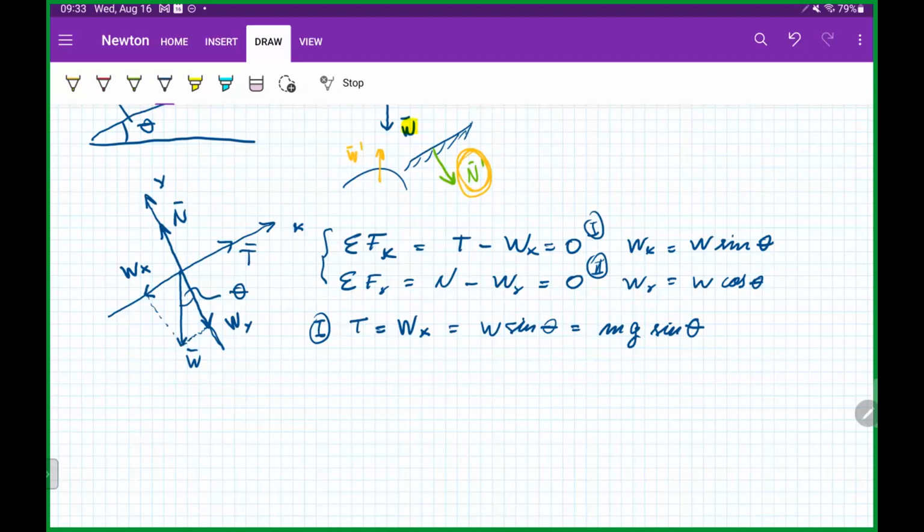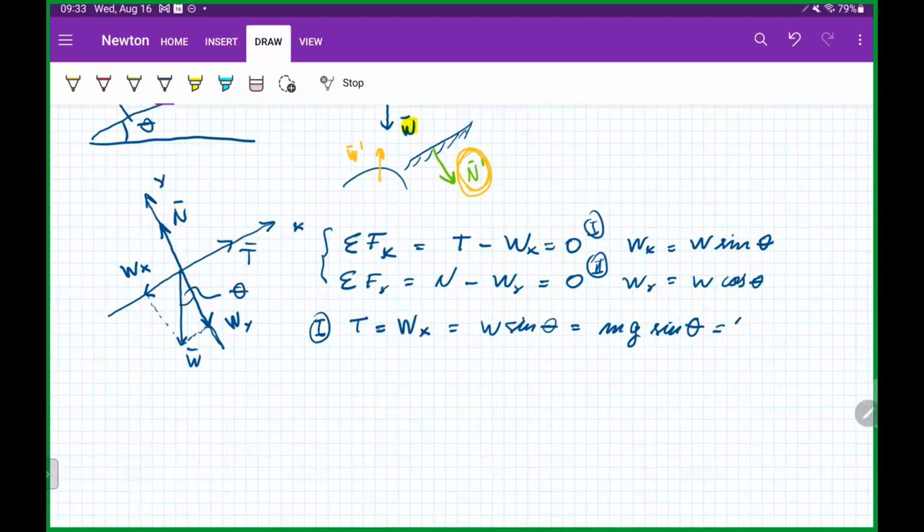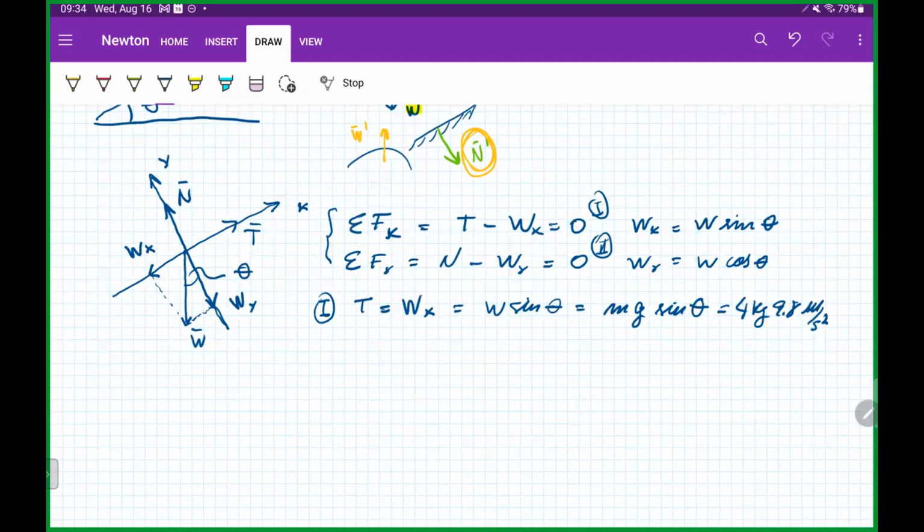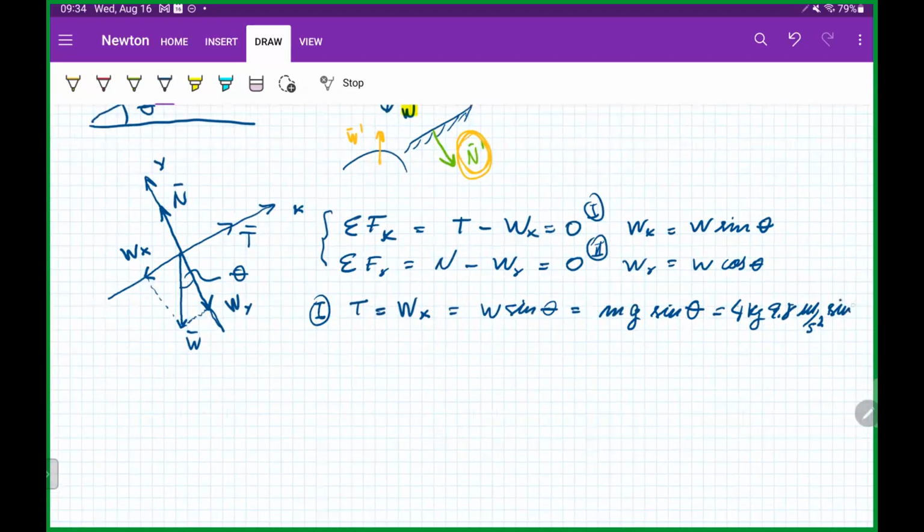Okay, so let's continue here. We have that tension equals mg sine of theta, and that's actually what we want to know. So we can replace our data there: kilograms, 9.8 meters per second squared, sine of 20 degrees.